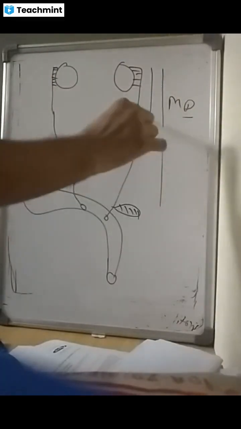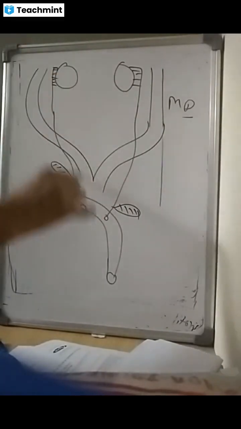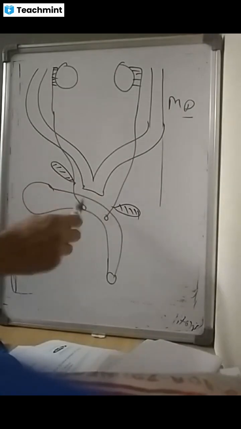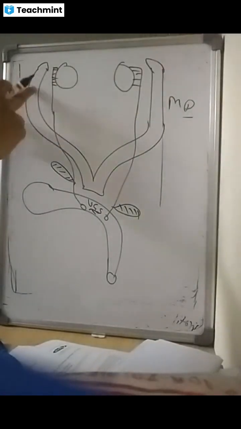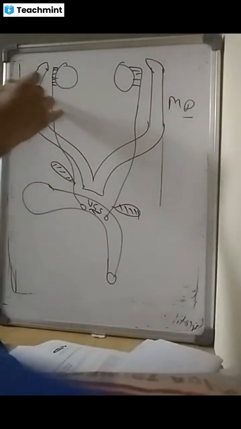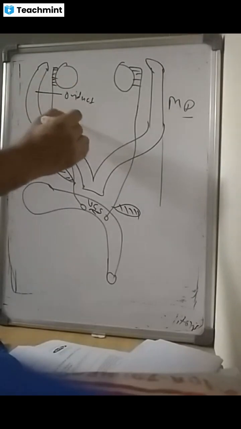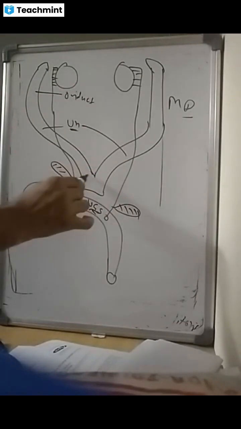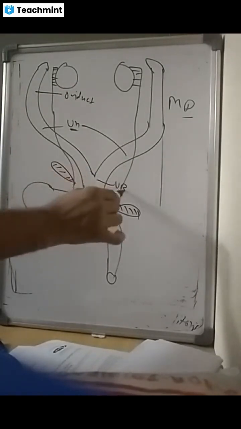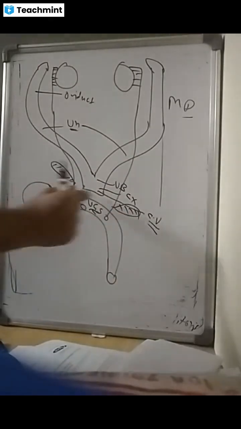The Mullerian ducts of both sides will come like this, and they will fuse with the urogenital sinus. The cranial part of the duct leads to formation of the oviduct, then both uterine horns, the uterine body, cervix, and the cranial part of vagina.